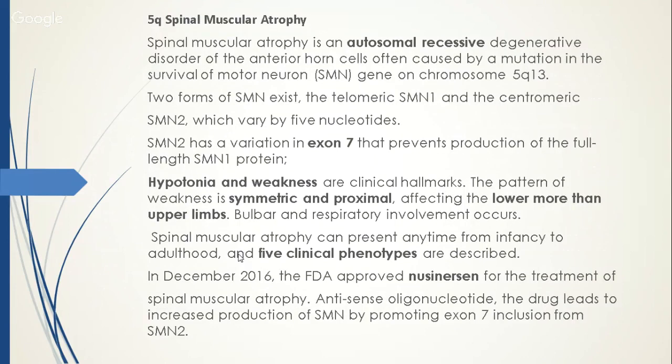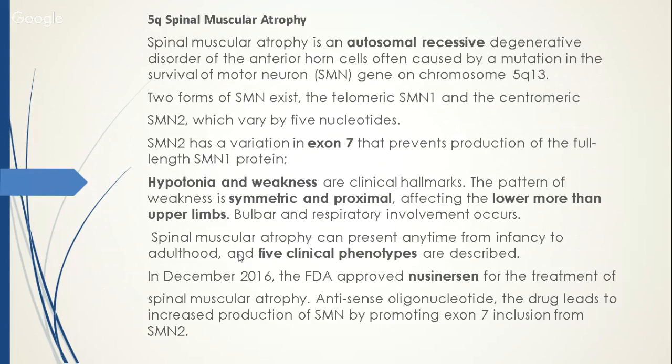The other one is spinal muscular atrophy, which this time is an autosomal recessive degeneration of the anterior horn cells, involving the gene called SMN, found on chromosome 5. I think they now have five phenotypes of SMN.